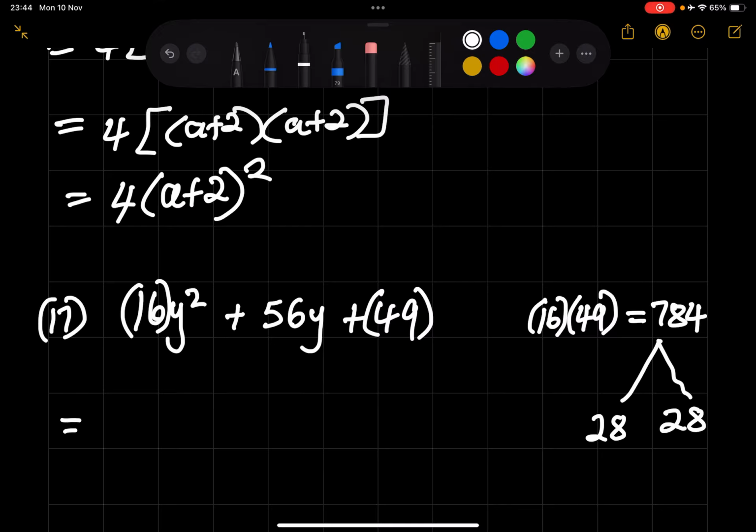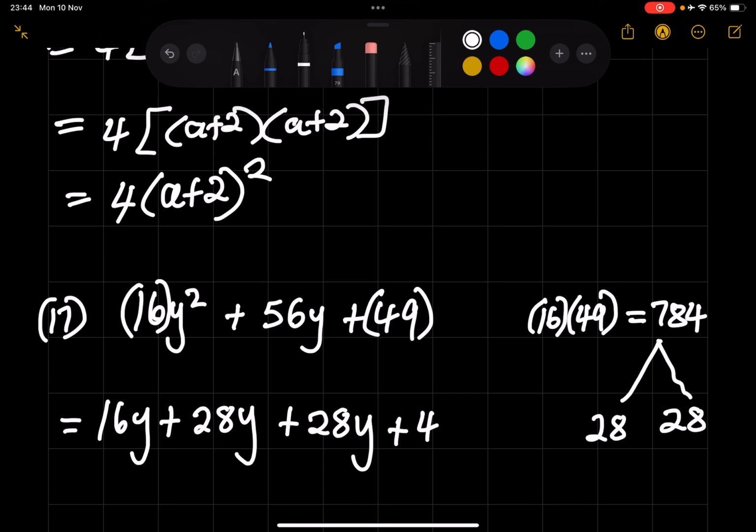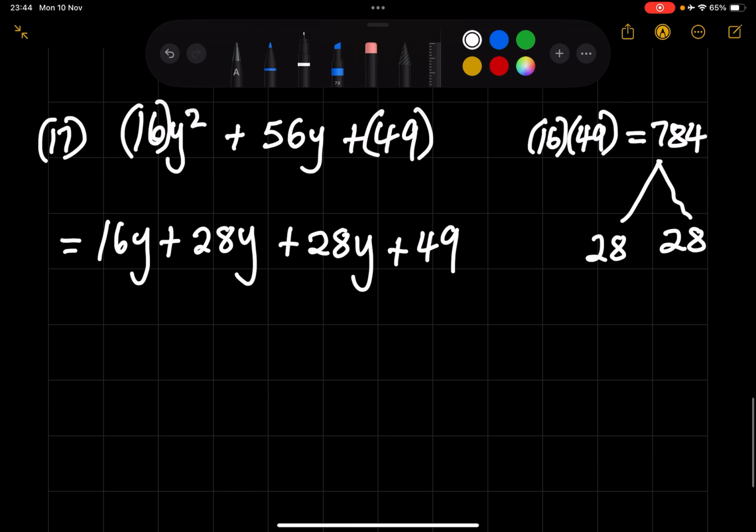And then we replace the middle term by those factors, which is 28y plus 28y plus 49. And then we group them, the first two together, the last two together. This sign will stay the same because this is a plus. Remember, if that was a minus, there would be a change.